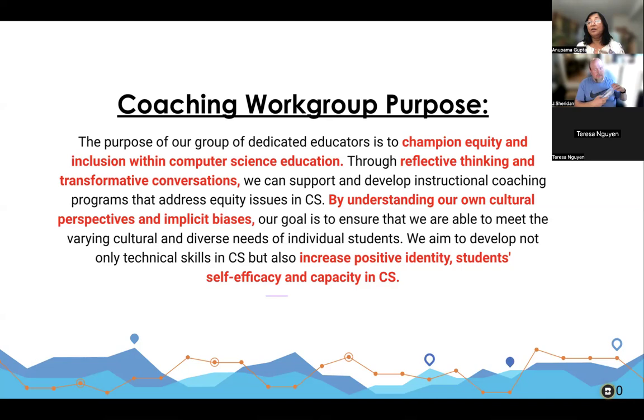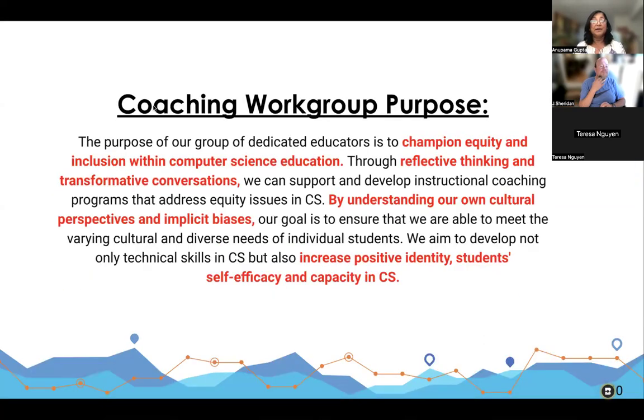When we are coaching teachers, and teachers are working with students, it's not just about knowing how to code and create something, but also creating a positive environment where students develop confidence and feel they can work with computer science. It's not just coding, but something more than that: future-ready skills. I have this again in a Jamboard.